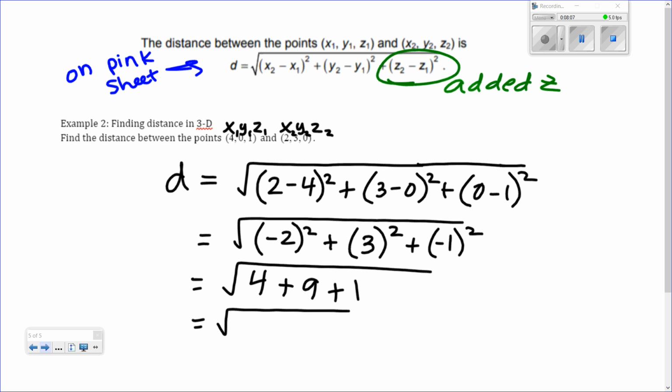I end up with the square root of 14 if I add those together. Okay, and you can leave it just like this, or we can plug it into our calculator and get the square root of 14 as 3.74. Okay, so either one, that's our distance in space.